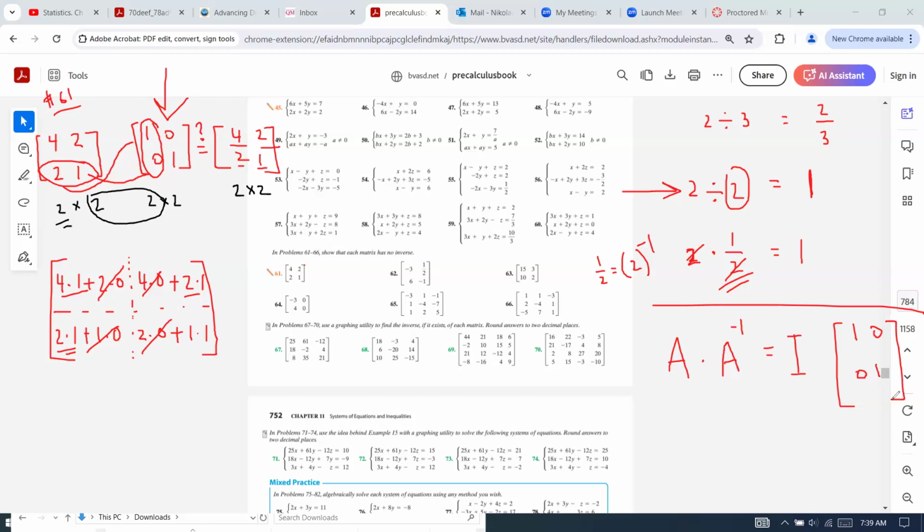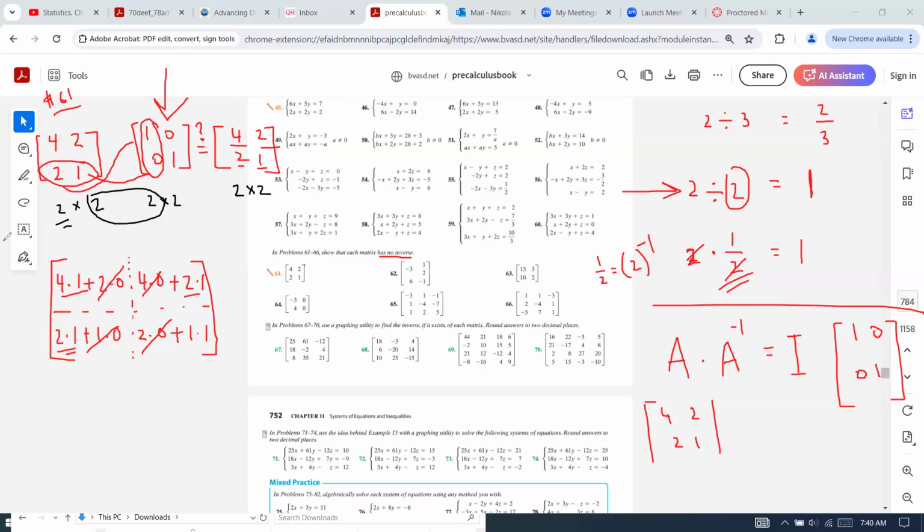And it turns out there is a very important fact they discuss, that this matrix may not have an inverse. The determinant of this matrix, so if I look at the determinant of that matrix 4, 2, 2, 1, remember, determinant does not have these brackets.